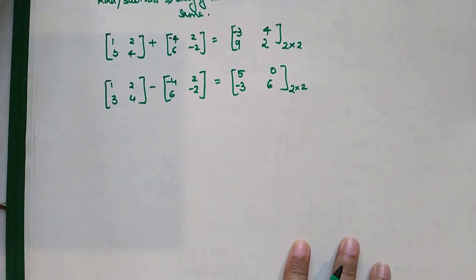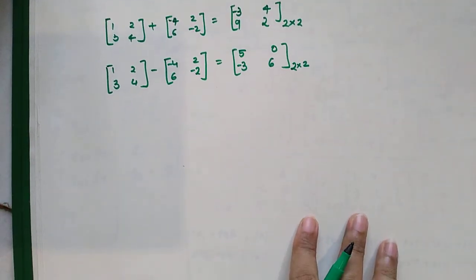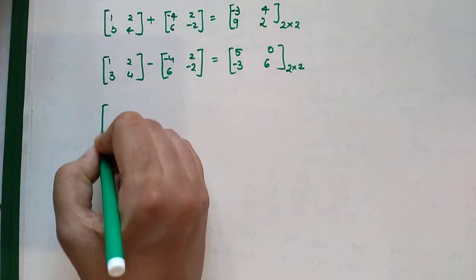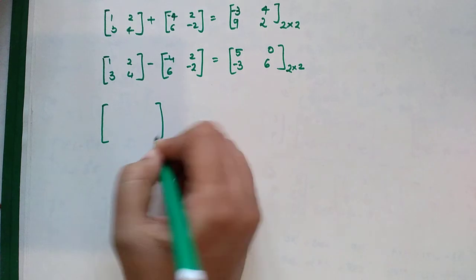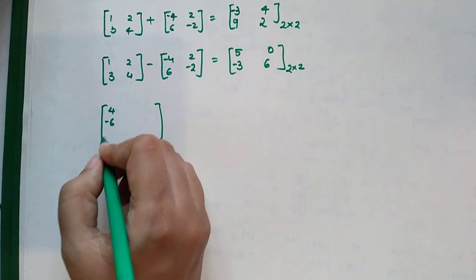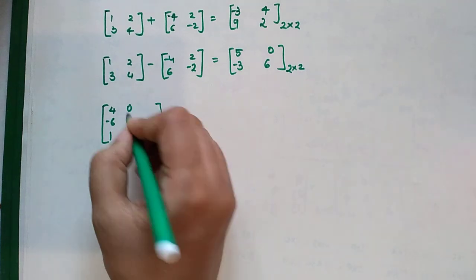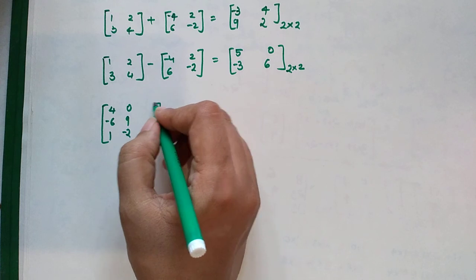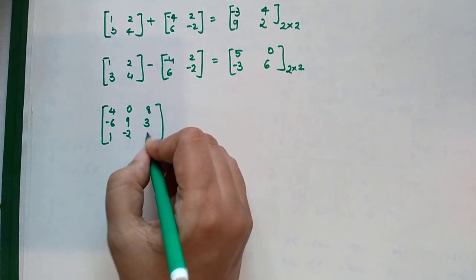Okay. Now, let's see what happens when you do the addition of a 3 by 3 matrix. So 4, minus 6, 1, 0, 9, minus 2, 8, 3 and 1.